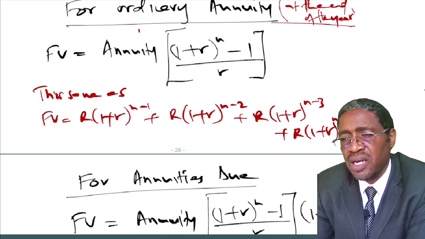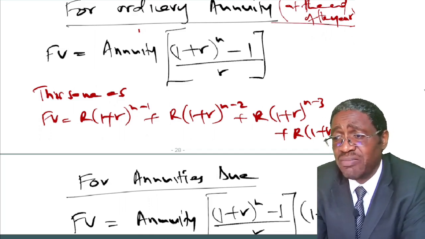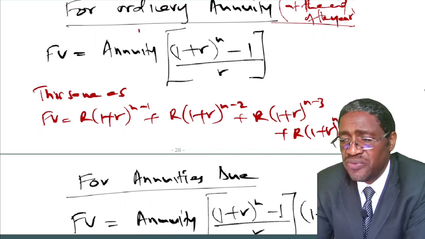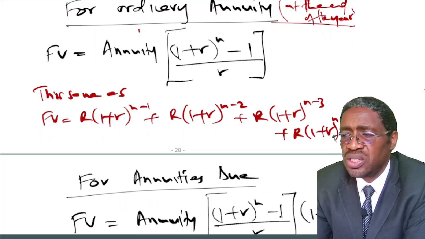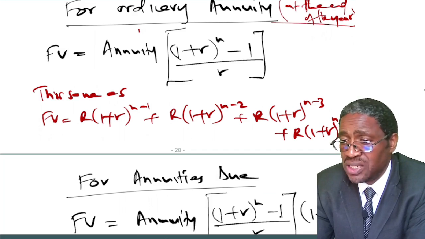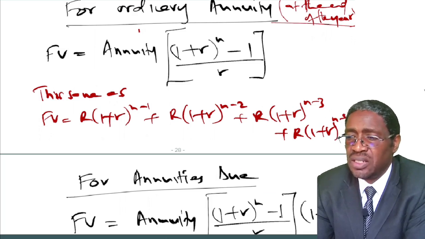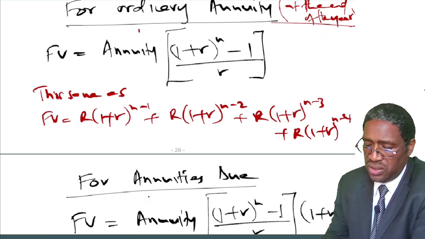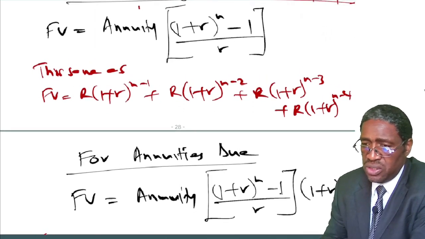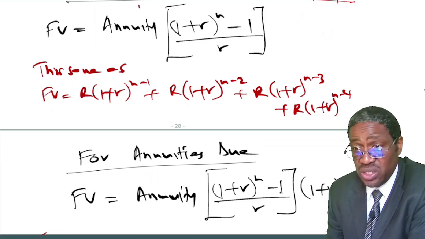Then plus annuity again into 1 plus r to the power of n minus 2, because if n is 4 and you're investing at the end of year 2, then you will only earn interest for 2 years, that is third year and fourth year. Are you seeing? Good. That is the formula for ordinary annuities.